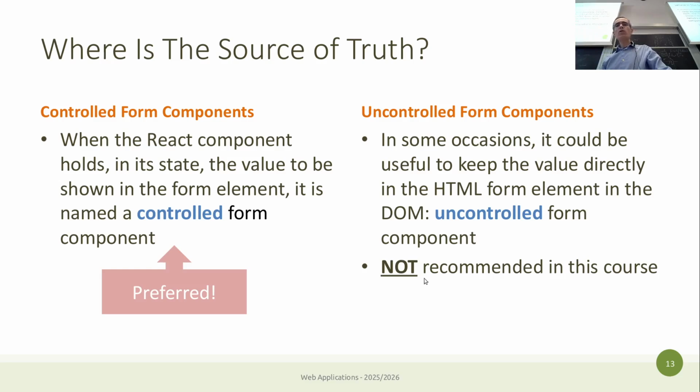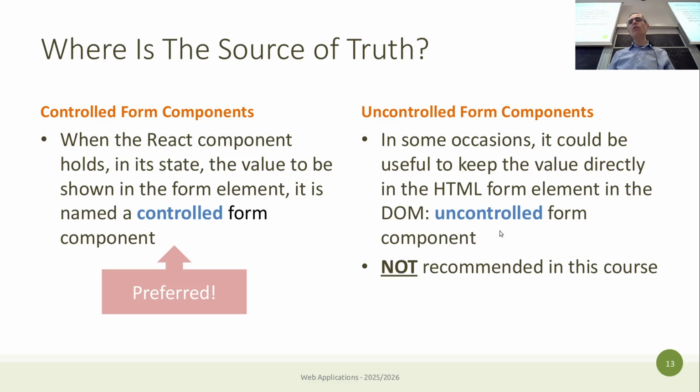Type something and so on, clicks, etc. The other approach, we will not use this approach in this course, not recommended, don't use it at the exam and so on, otherwise it will be immediately questioned and there is actually no reason to use it, okay? On some really unusual occasions, it could be useful to keep the value directly inside the HTML form element in the DOM.